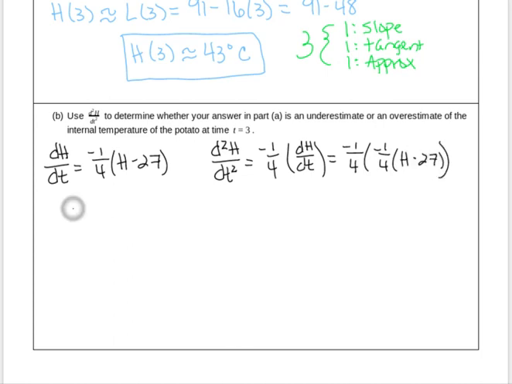And we end up getting our second derivative is equal to a positive 1/16 times (h minus 27). And just as a quick reminder, this dh/dt is this original derivative that we got here, and so that's where this piece came from.